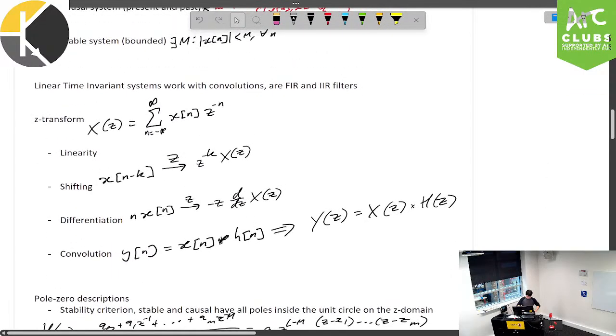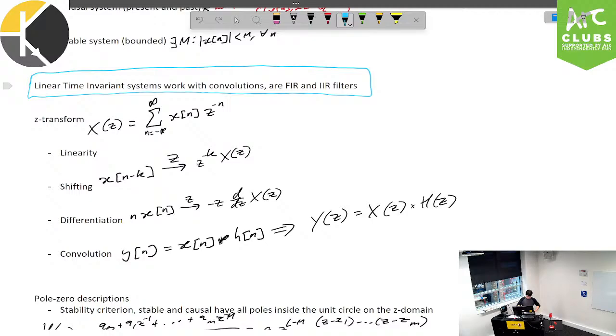All right. Just a little bonus note. We'll typically be working with linear time invariant systems. These systems work with convolutions, and we treat them as our FIR and IIR filters. All right. So our biggest tool at hand is going to be our Z transform.